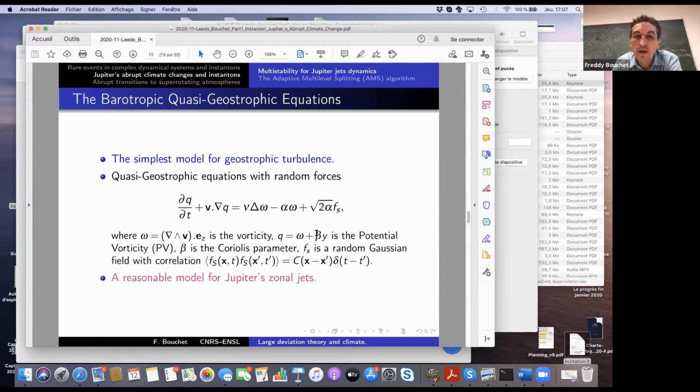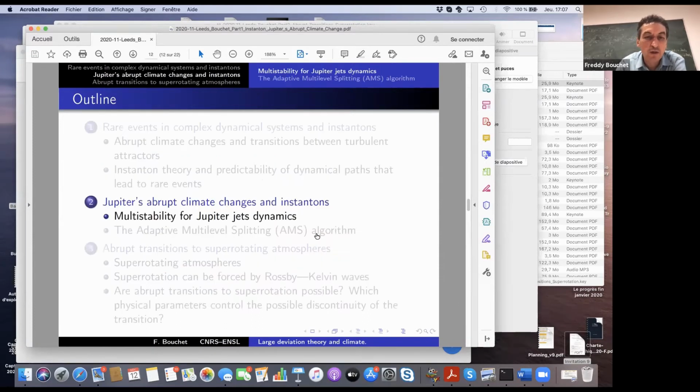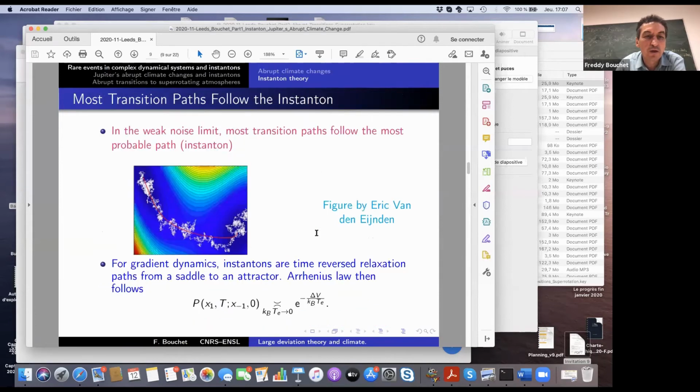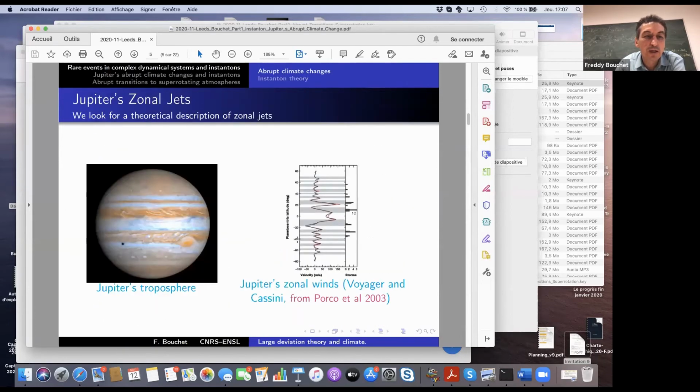It was known before that you can go from 2 jets to 3 jets to 4 jets. In the real Jupiter atmosphere, beta changes with latitude, and that's why the jets are larger at lower latitude and then become thinner and thinner.